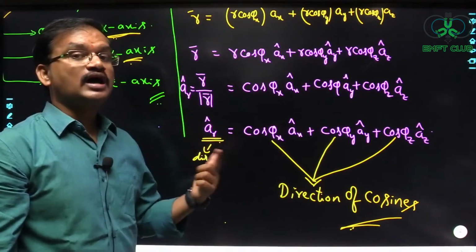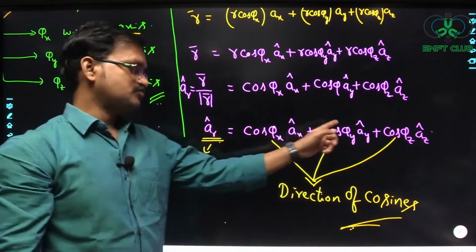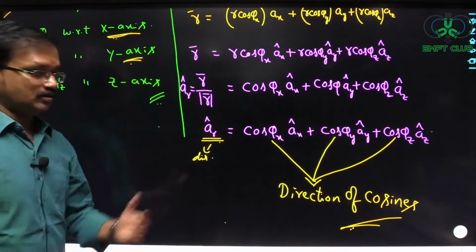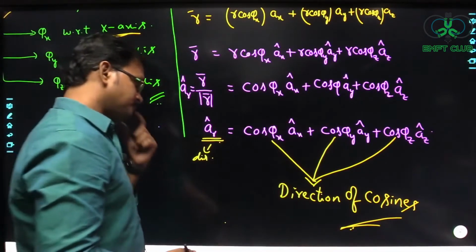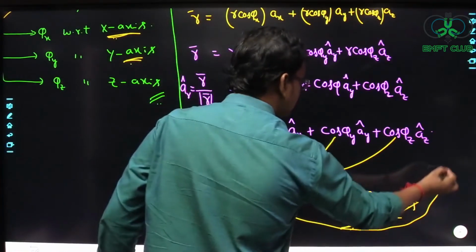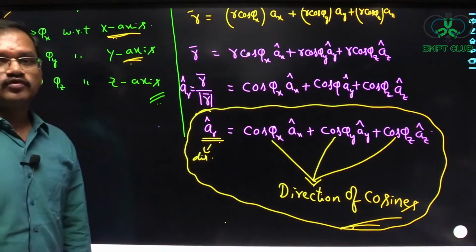If you know the angles made by the vector with the x-axis, y-axis and z-axis, then you can directly tell the direction of the vector in this manner. Since we are representing the direction of the vector in terms of cosines, we call it direction cosines.